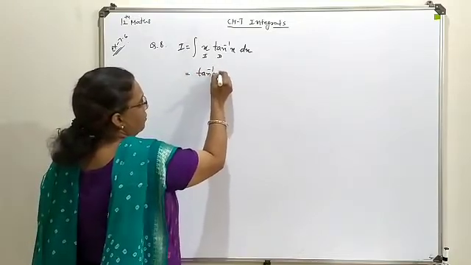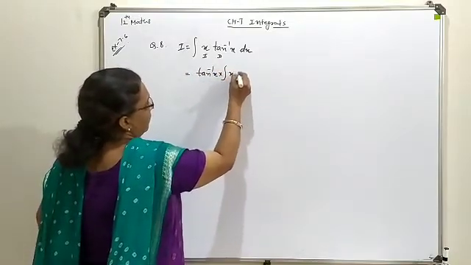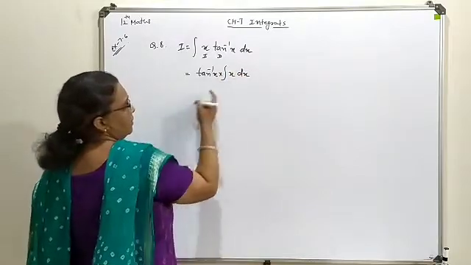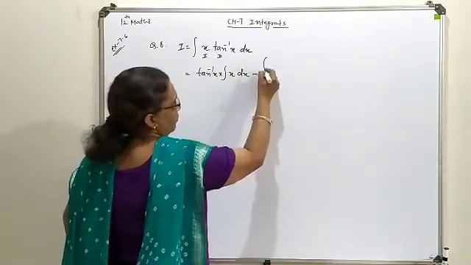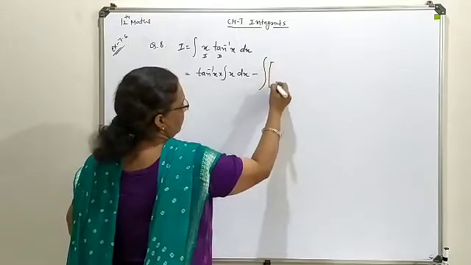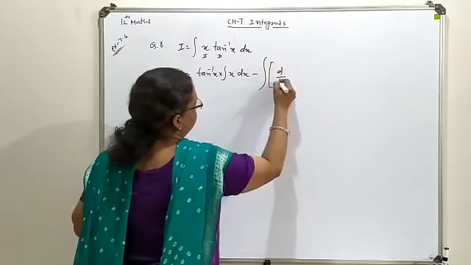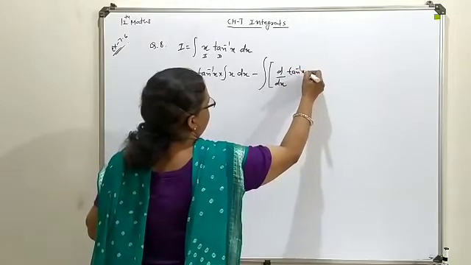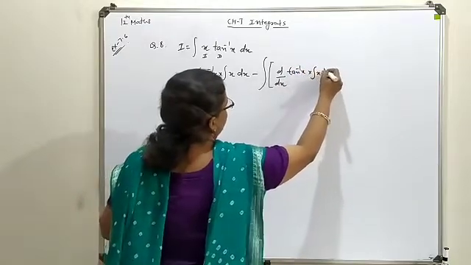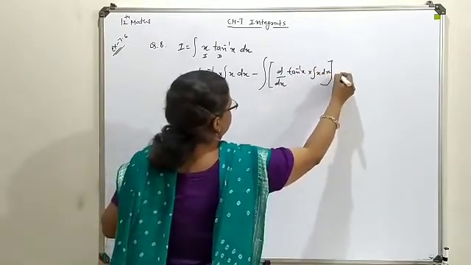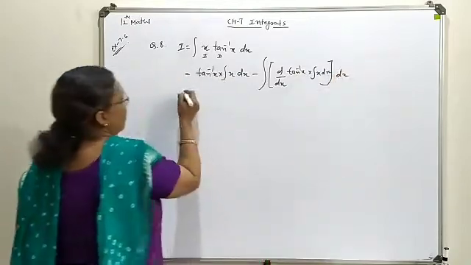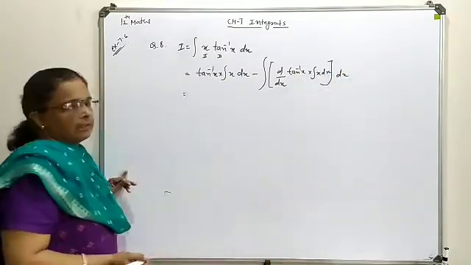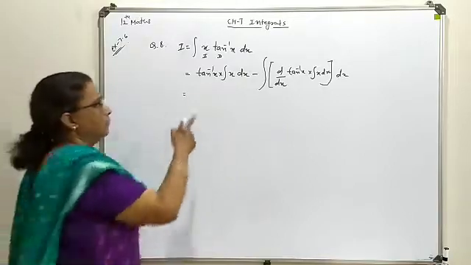tan inverse x you keep as such, times the integration of x dx, minus the big integral sign, differentiation of tan inverse x into integration of x dx. Here we write the respective integration and differentiation of each term.